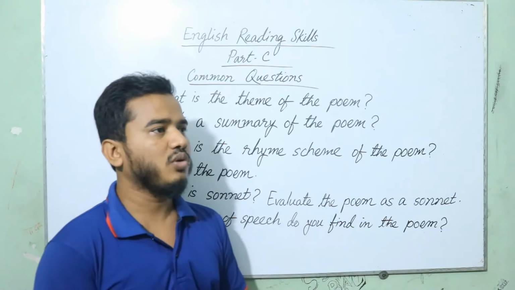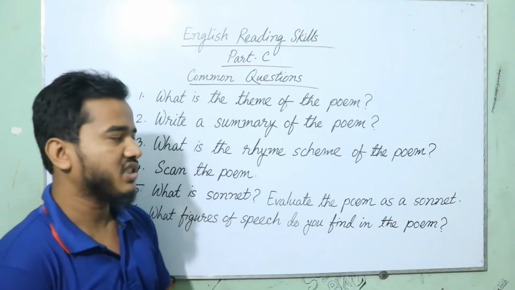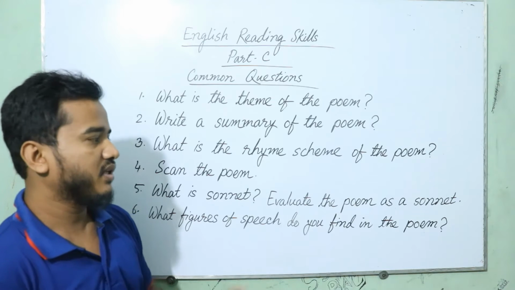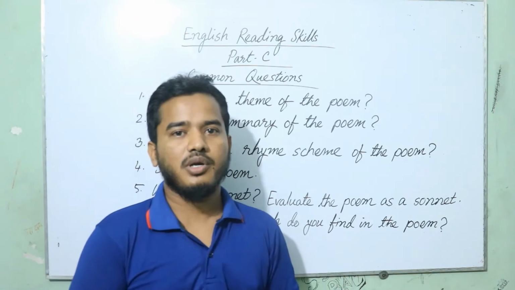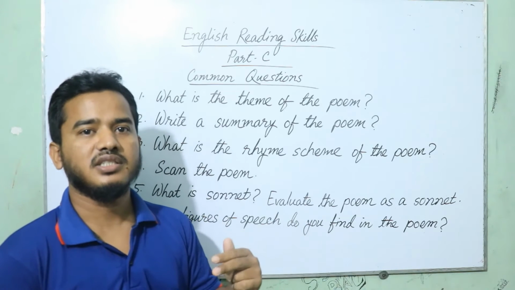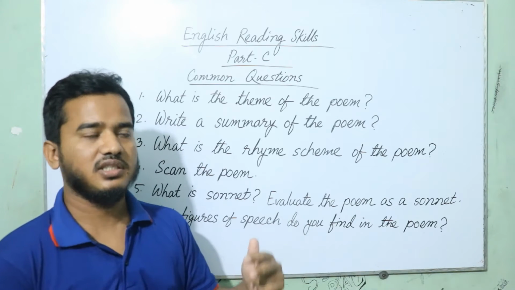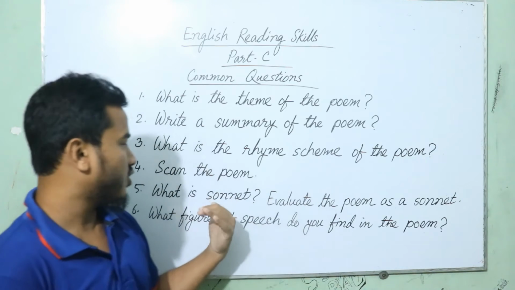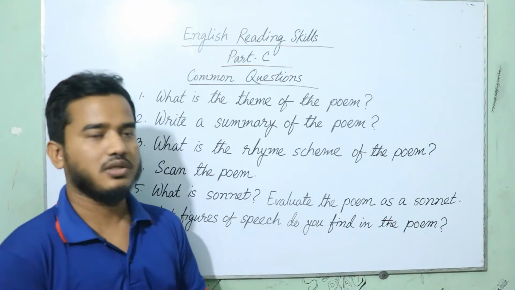So how will you understand that the poem is not a sonnet? When you get the poem, count the lines. If there are 14 lines, then it may be a sonnet, and you will get the question.